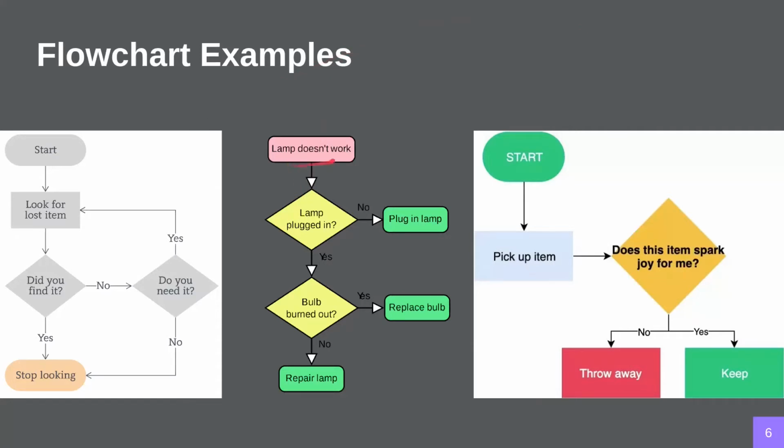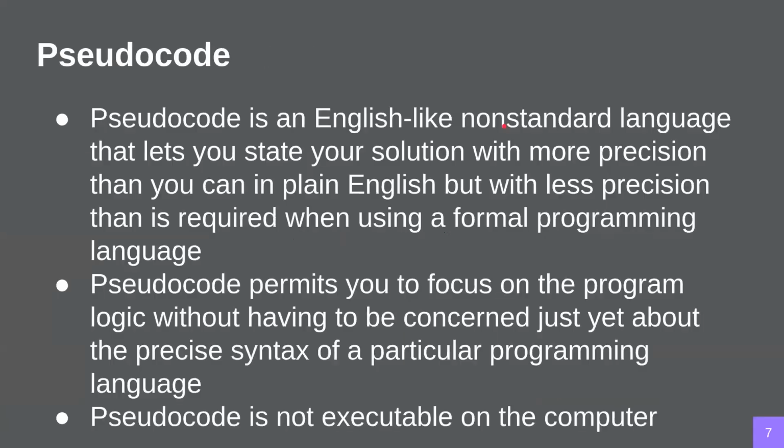Now, another way of documenting a program is to use a thing called pseudocode. Pseudocode actually has a silent P and a silent E at the beginning, making it quite a challenge to say the thing, never mind write it.